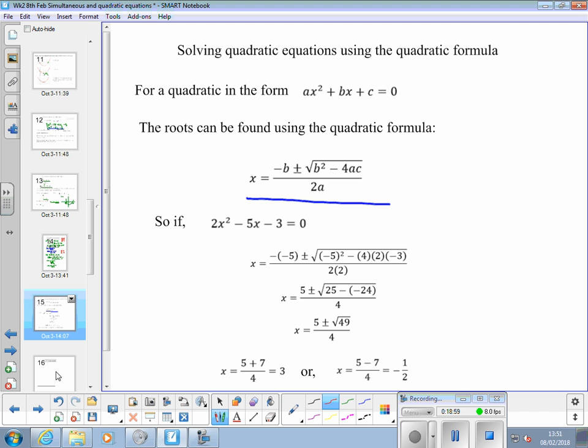So this 2 here is a, that minus 5 there is b, and that minus 3 is c. Make sure you use b, which is minus 5.